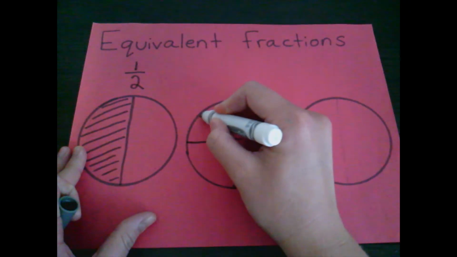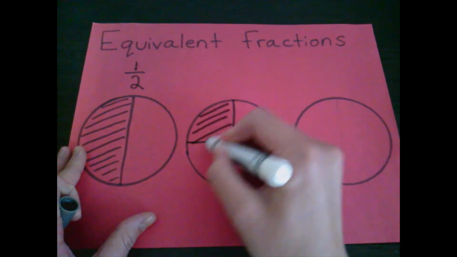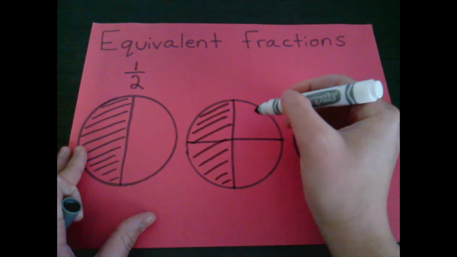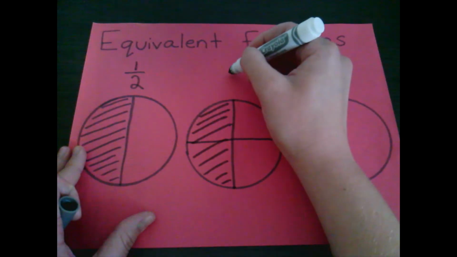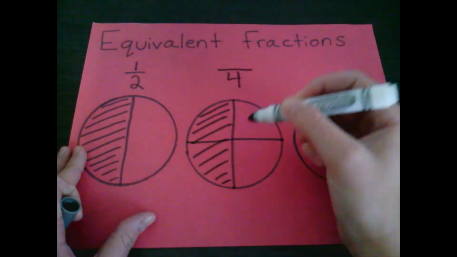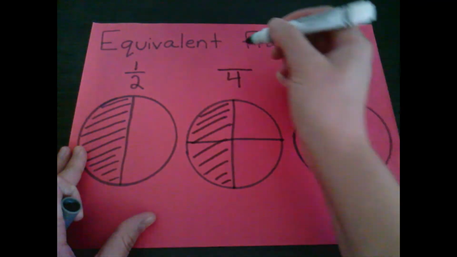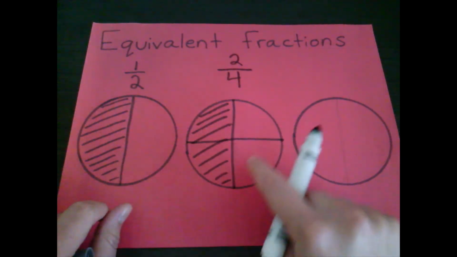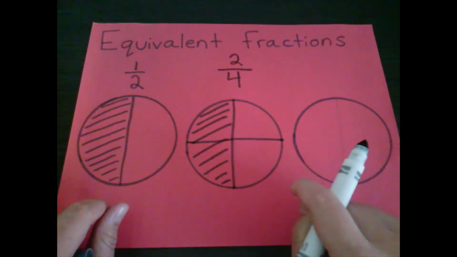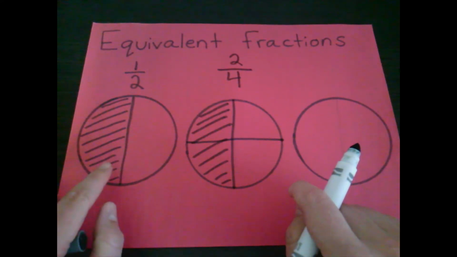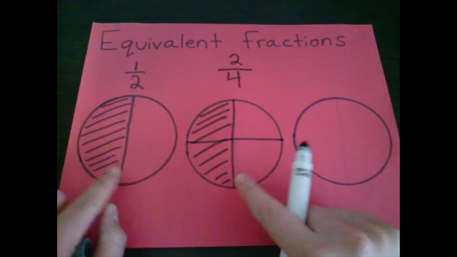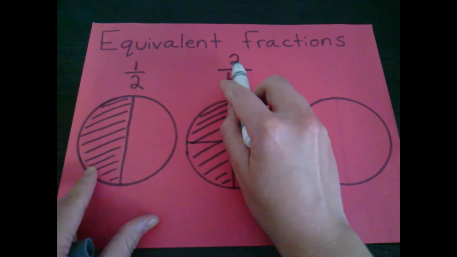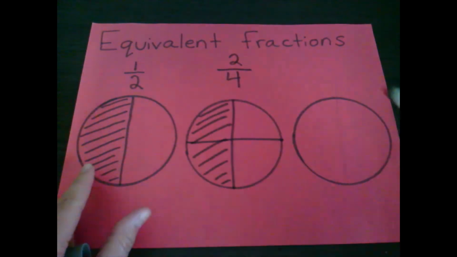I'm going to shade this portion. Now we have 4 sections, 4 parts, but how many parts are shaded? 2. If you look, they look the same. We have 4 parts here, but 2 are shaded. We have 2 parts here, 1 is shaded, but they're both equivalent. So to do that, we did 1 times 2 to get 2, and 2 times 2 to get 4.